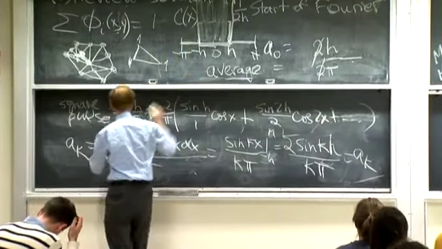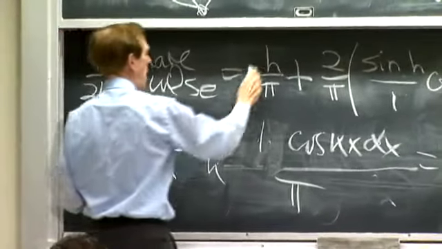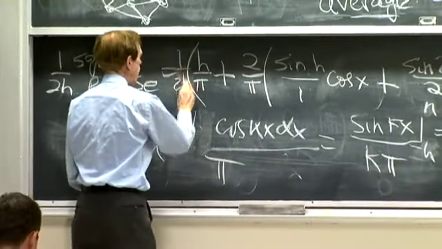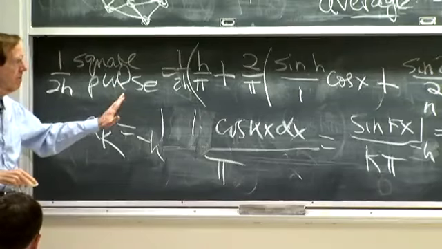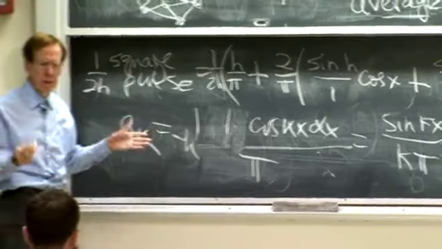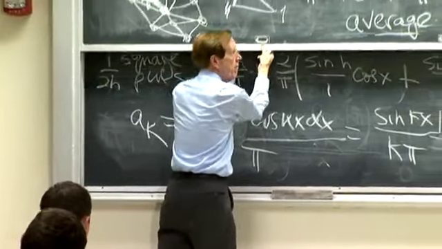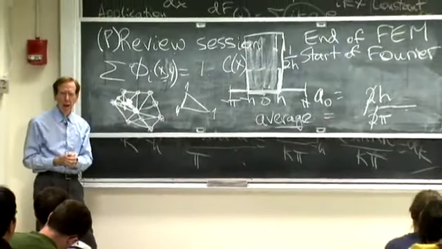So now my square pulse, I've divided it by 2h. I have a 1 over 2h multiplying everything. And now if I let h go to 0, something more interesting will happen.